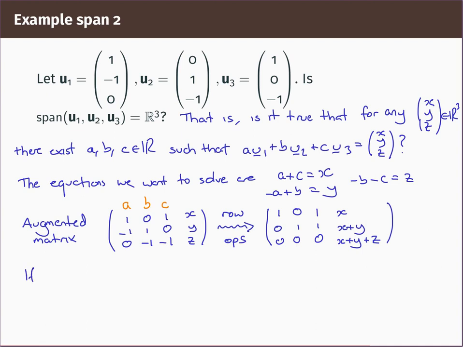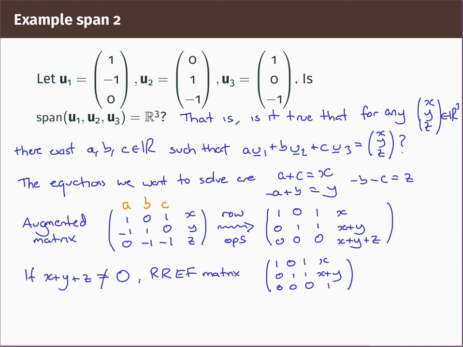So if x plus y plus z is not 0, then the row-reduced echelon form matrix, which you can get by doing one further row op, is 1, 0, 1, x, 0, 1, 1, x plus y, 0, 0, 0, 1. This is a matrix which belongs to a system of linear equations with no solutions.